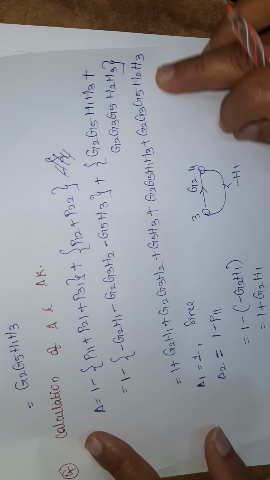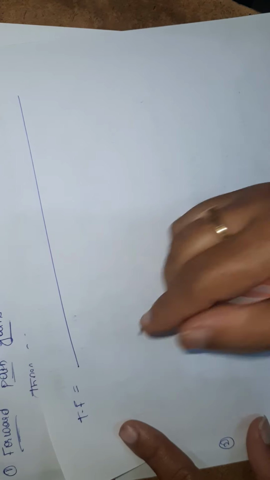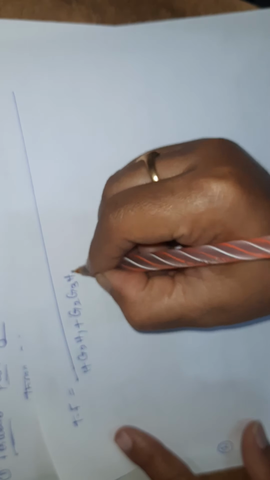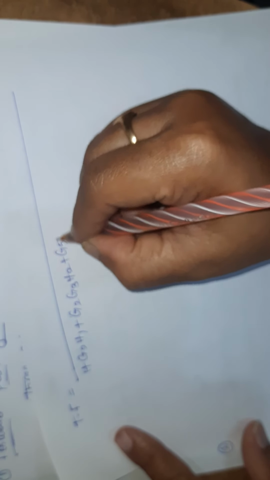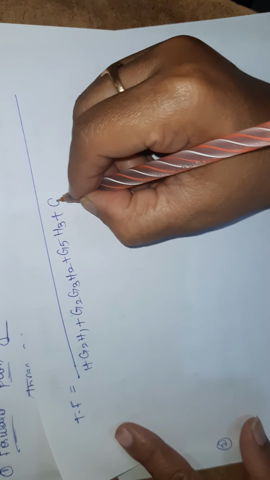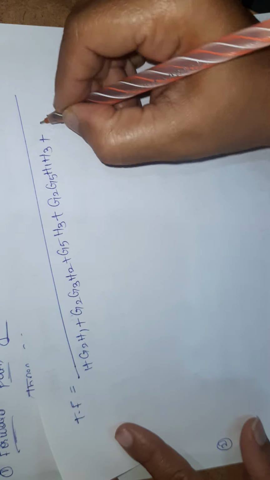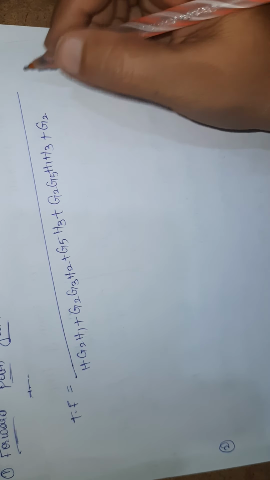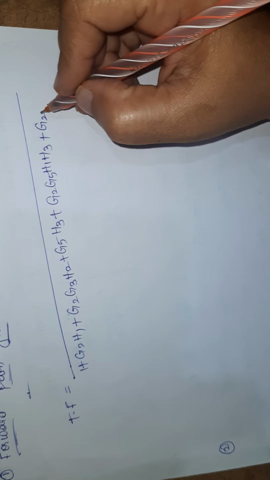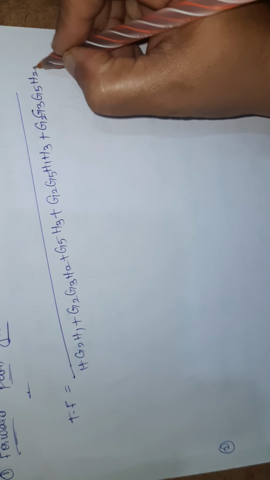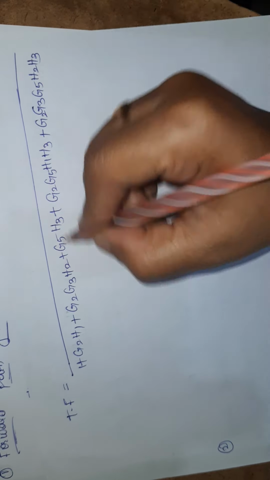This is the delta: 1 plus G2 H1, G2 G3 H2, G5 H3, G2 G5 H1 H3, plus G2 G3 G5 H2 H3. This is delta. And what is P1?